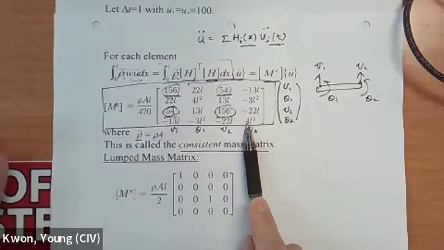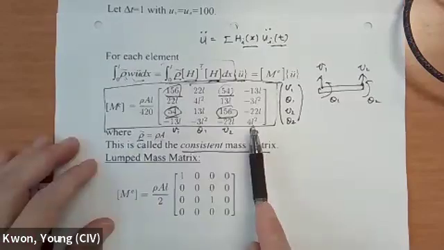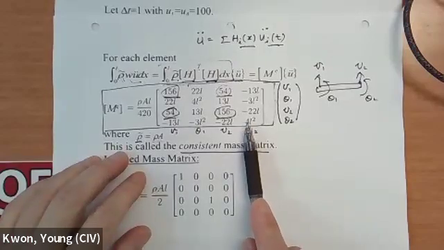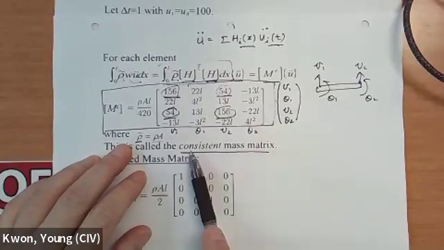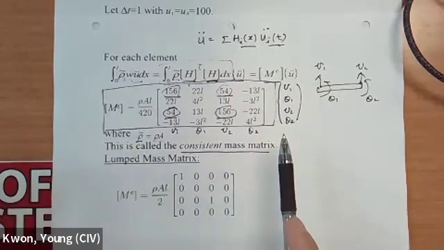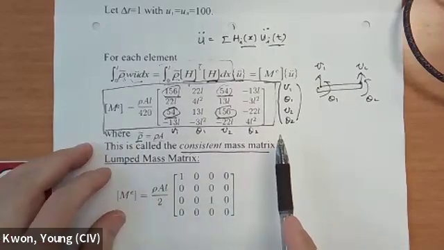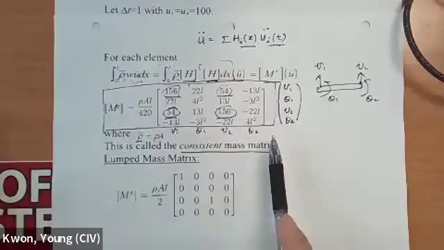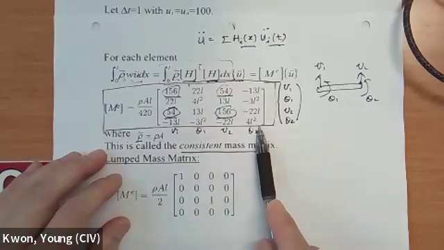We just follow the same procedure, the same shape function, and then we construct the mass matrix. The important thing is always conservation of mass. If you do not have conservation of mass in the mass matrix, your solution is not going to be accurate, and also the solution is not going to converge to the right solution as you refine the mesh.